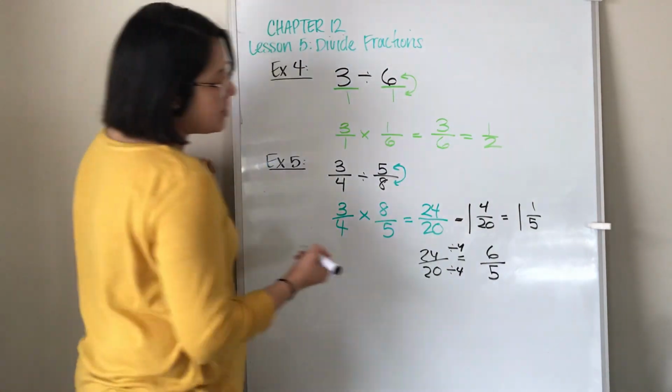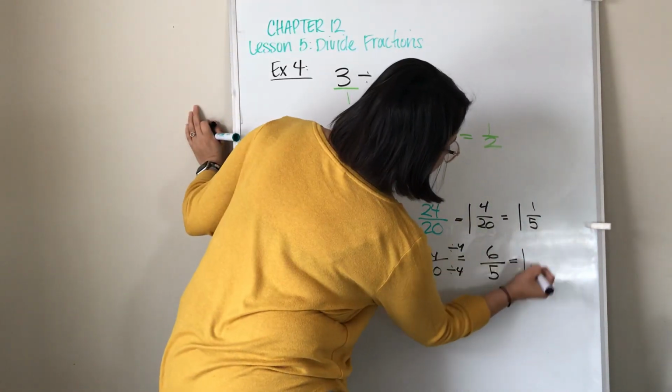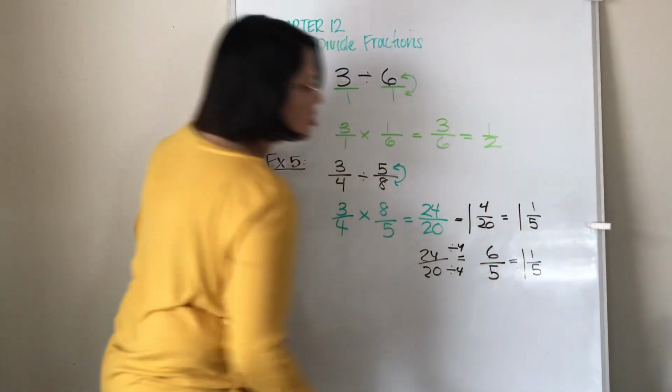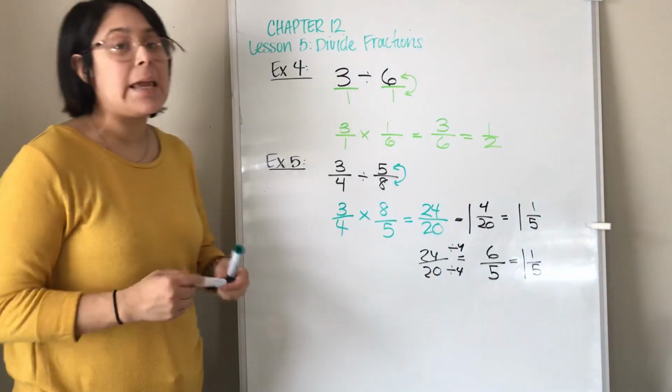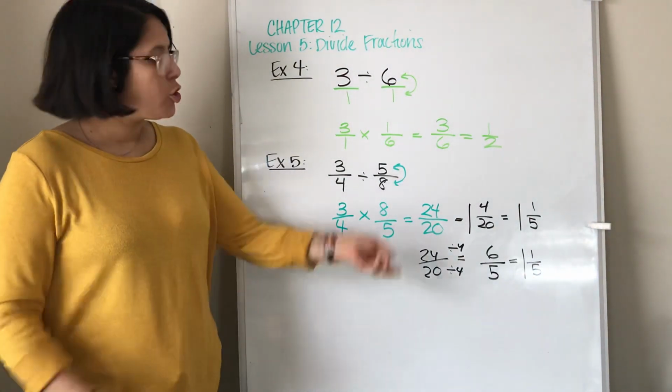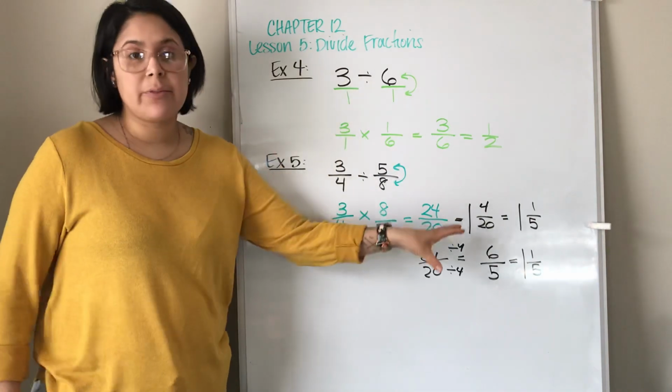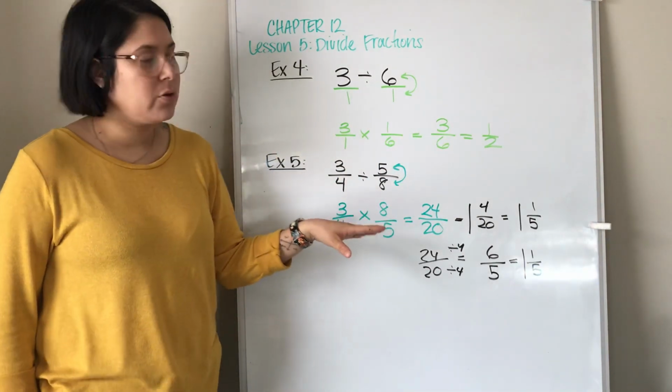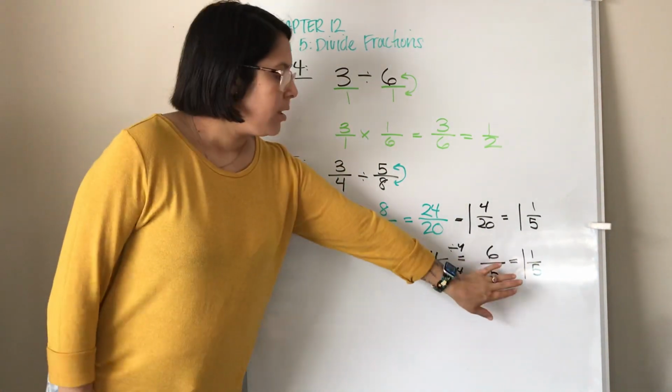And I still need to simplify or change it to a mixed number. So I'm going to get the same answer. Either way you do it, you still need to simplify. You still need to turn it into that mixed number.